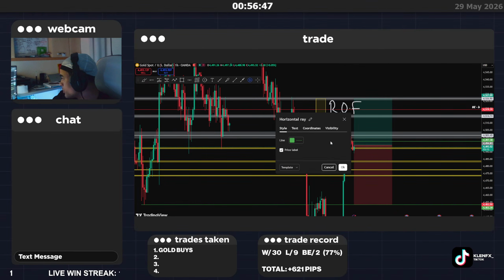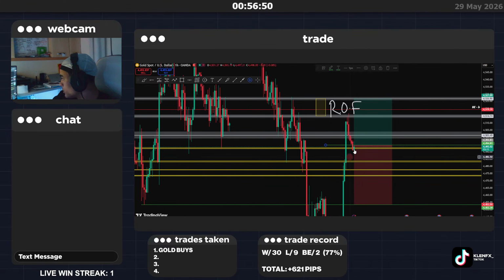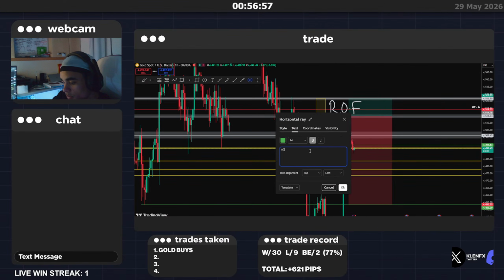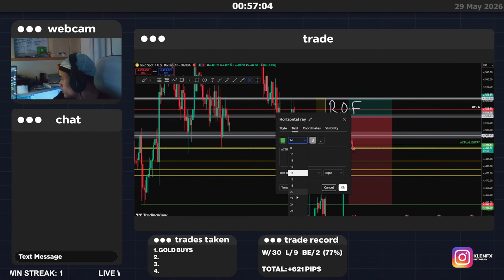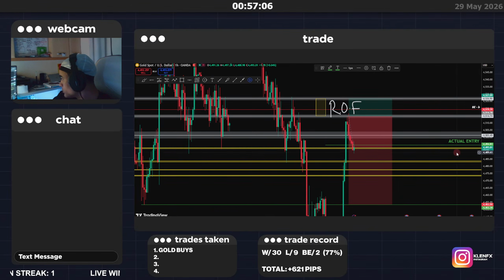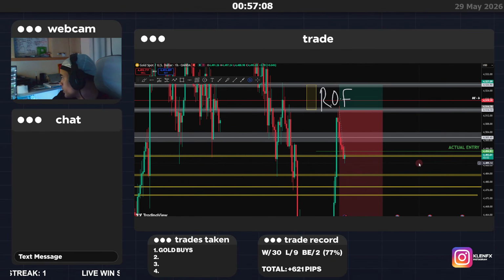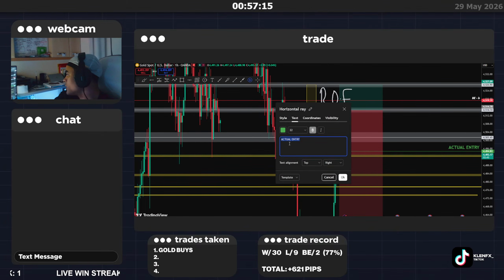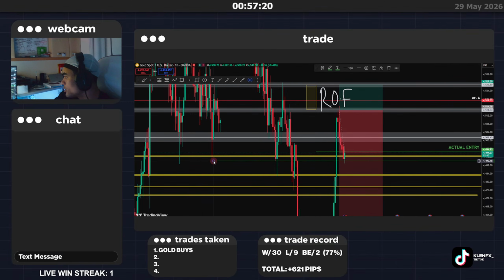I'm gonna have this green line set to that level, and I'm just gonna put actual entry for context, just so you guys are aware of the idea. So we're gonna break into the range. That's where the buy should have been, but the actual entry is over here. Okay, and I'll leave it at that.